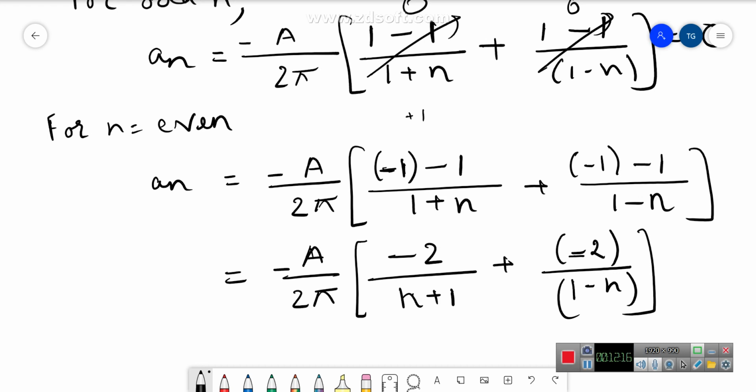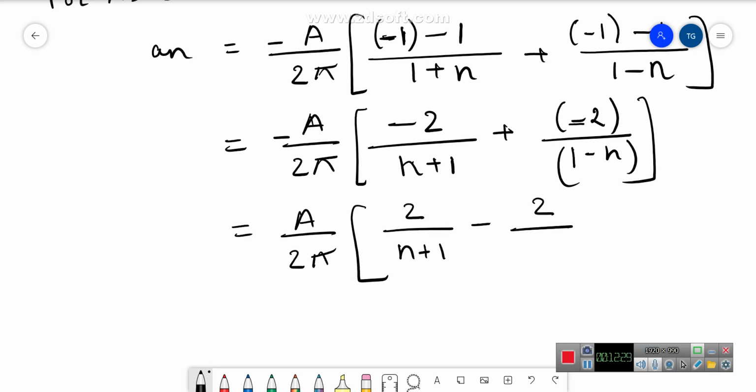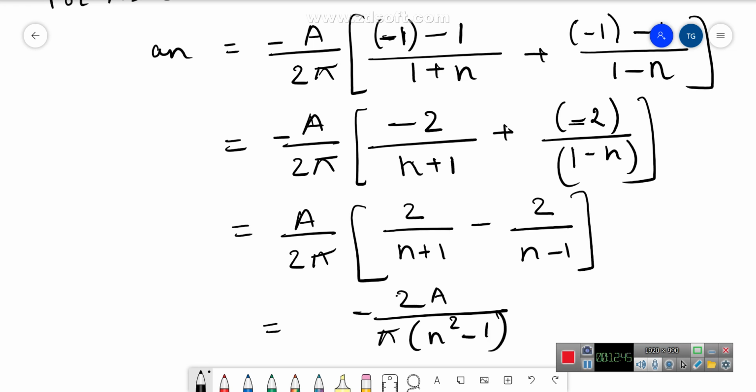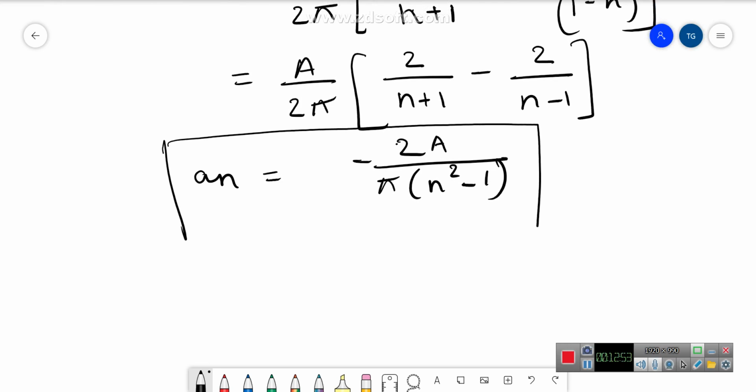So bringing this minus sign outside, we can write it down like this, a by 2 pi upon 2 by n plus 1 minus 2 by n minus 1. If we take LCM, then we will get 2a by pi n square minus 1. So this is the result for n equals an even number.